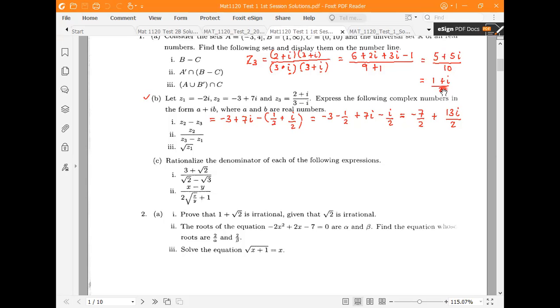And then now, when you pick the Z2, you pick Z2 the way it is there, minus 3 plus 7i. And then pick Z3 in the simplified form there. So you can split the form so that it becomes a bit easy for us to see that we're dealing with 1 over 2 plus i over 2. And then you put the real parts together and the complex parts together.